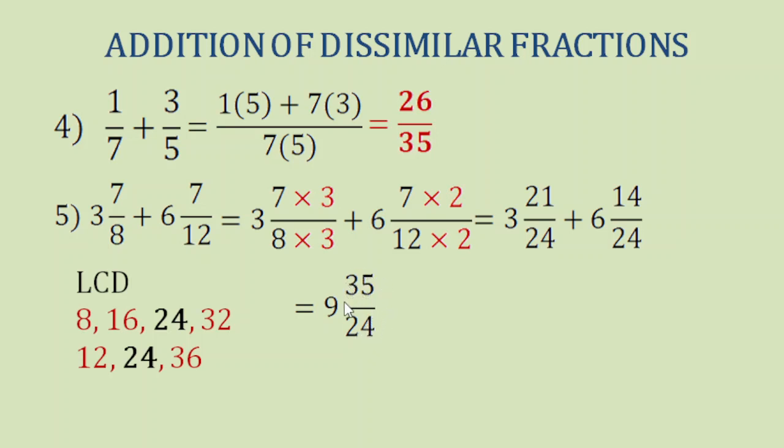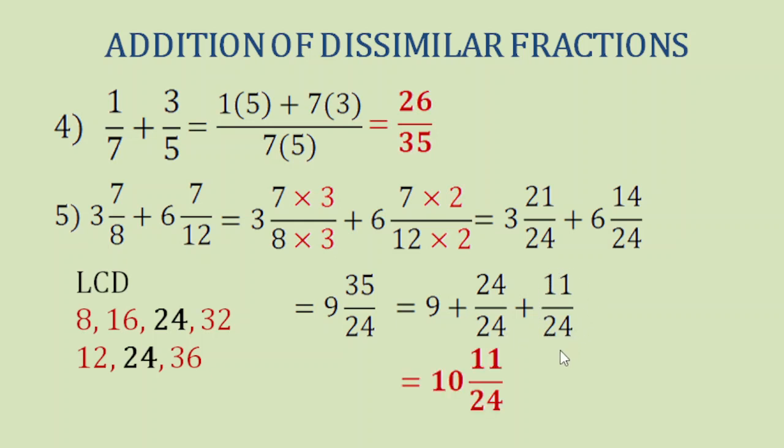So we can break this into two parts again. And this part, 9 plus 24 over 24, becomes 10, because 24 over 24 is 1. And then we will copy the fraction part here, and our answer is 10 and 11 over 24.